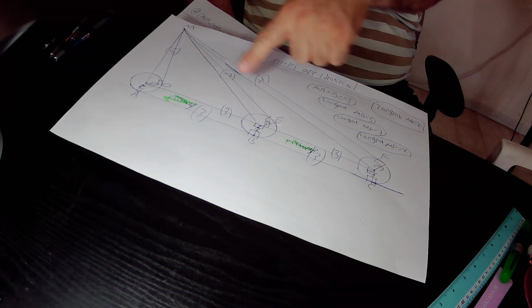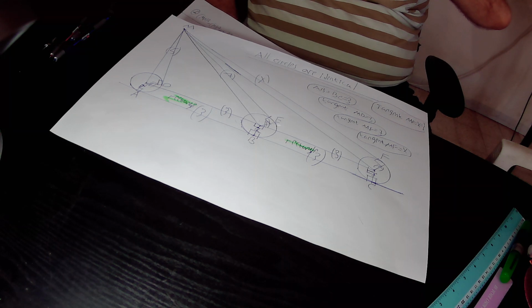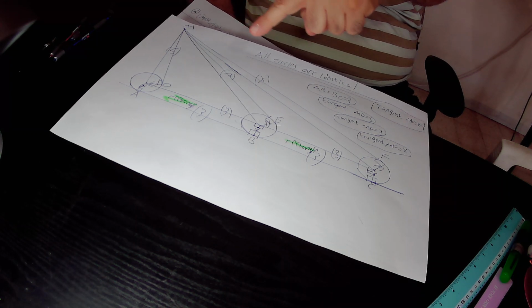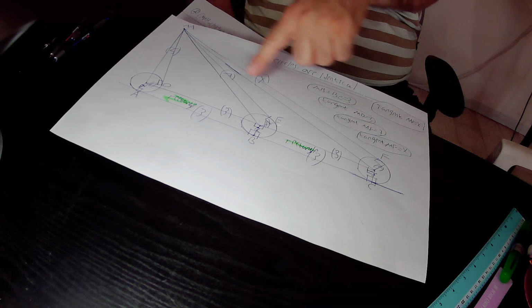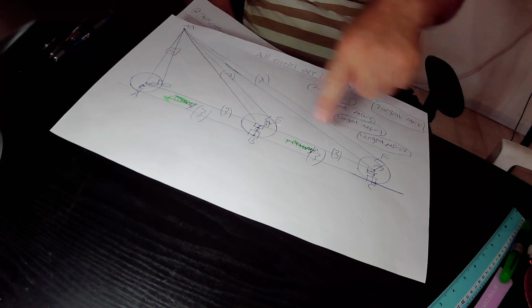That is to say, PQS is one straight line, and for the same reason, the straight line PQS must be parallel to the straight line ABC.